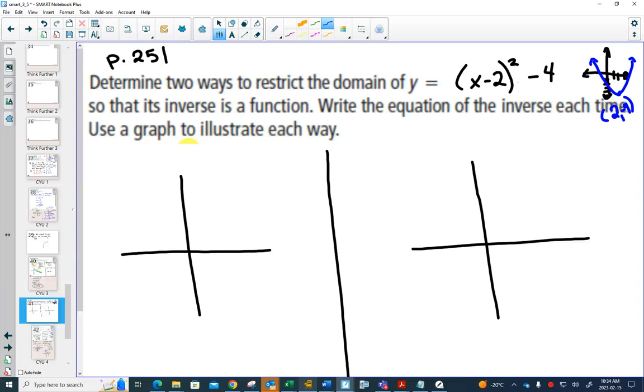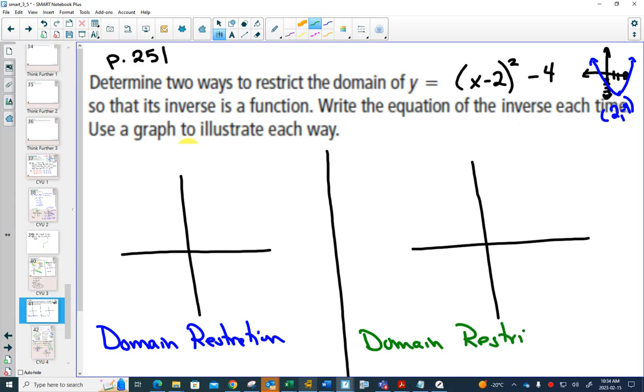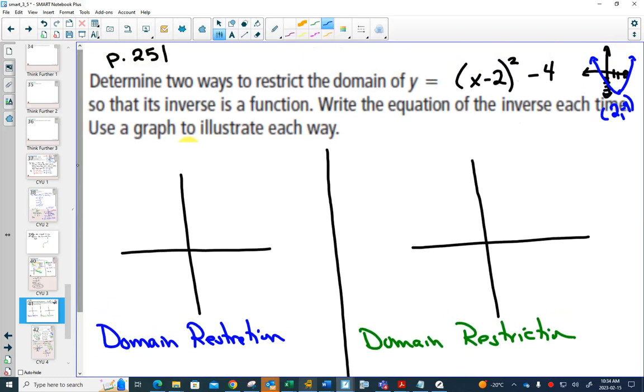So now, in my 2 sections, the first thing I need to do for both of them is restrict the domain. I'll do this one in blue, this side in green. The domain restriction, we want to restrict the domain to make it a function.